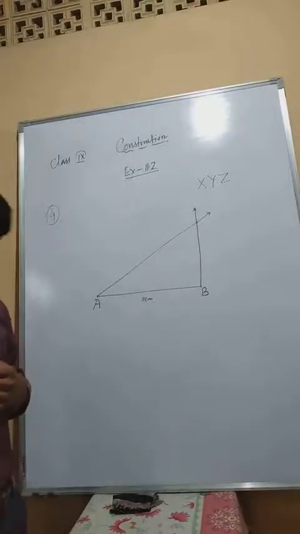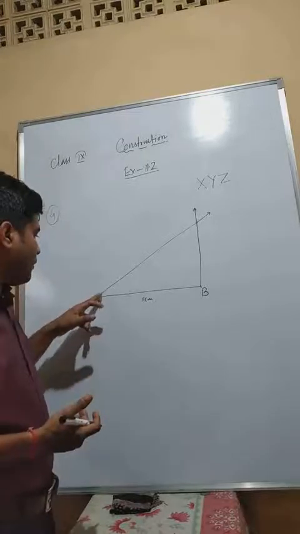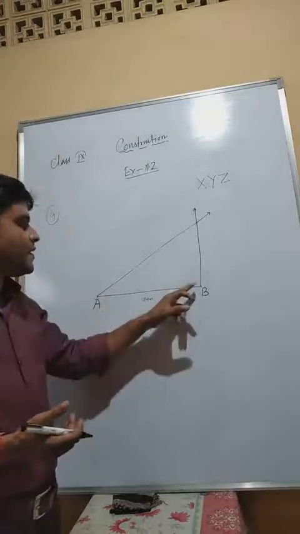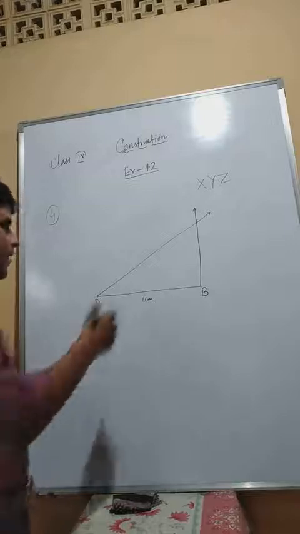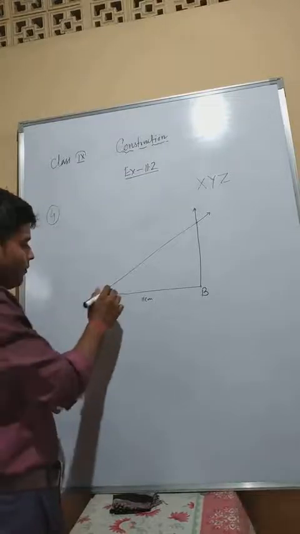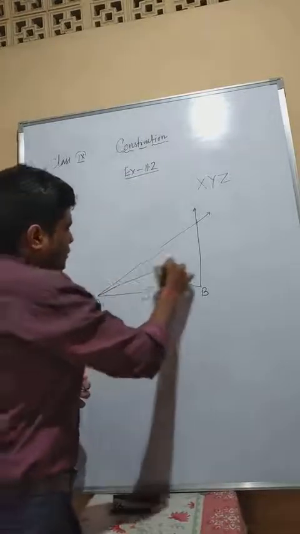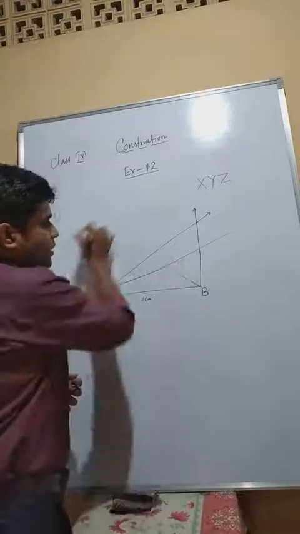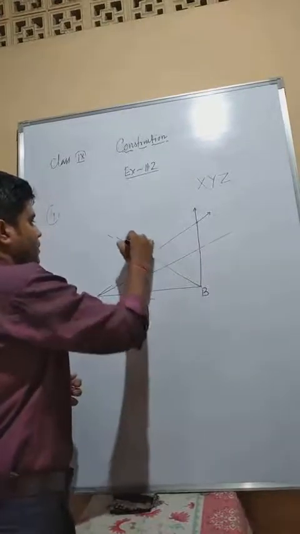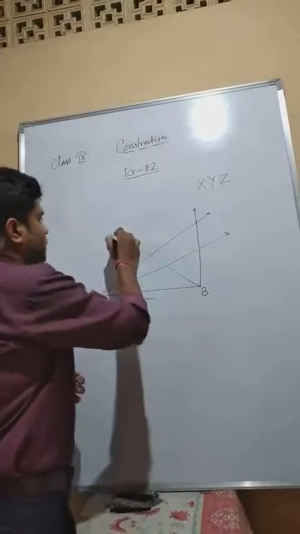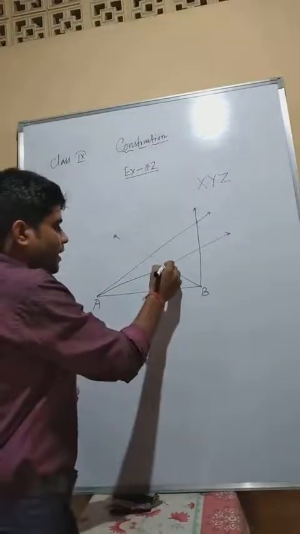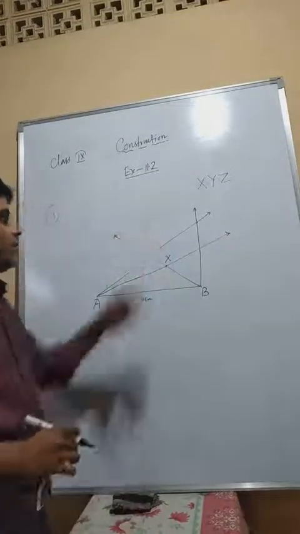Okay. Now after this, draw the bisector of angle A and the bisector of angle B. You can draw the bisector by using a compass. So suppose this one is the bisector and this one is the bisector. These two bisectors intersect at this point. This one is your X, not that one.